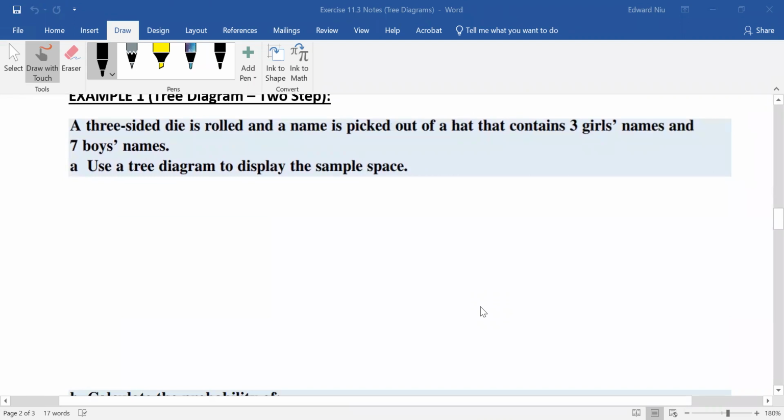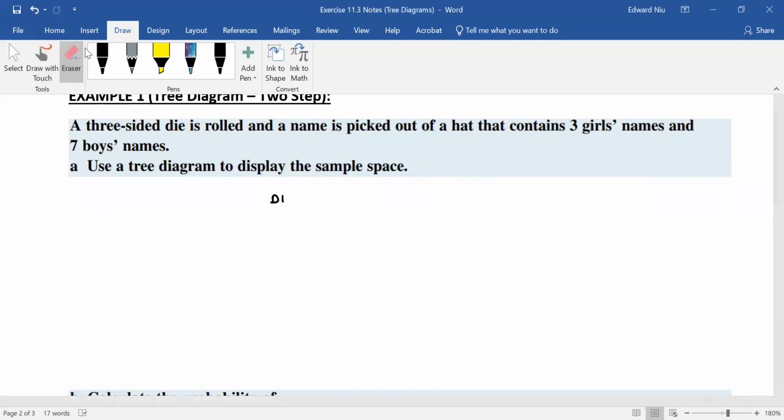Well, we have a 3-sided die. So we say die. Maybe let's just write dice since there's only one. All right, since die implies it's plural. Okay, and then we have names.